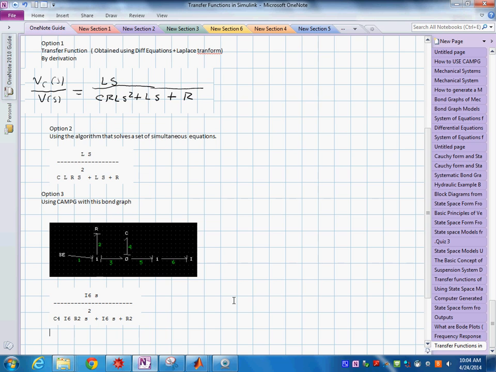Because we would like to encourage everybody to do the automated way, I am going to use directly the transfer function in Simulink so that you can see how that works, okay?